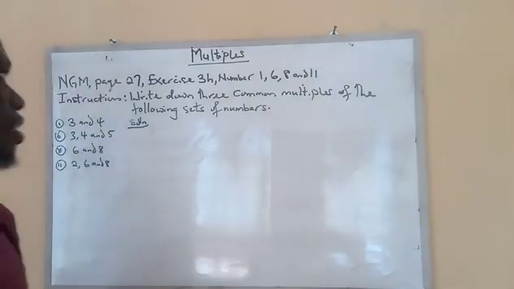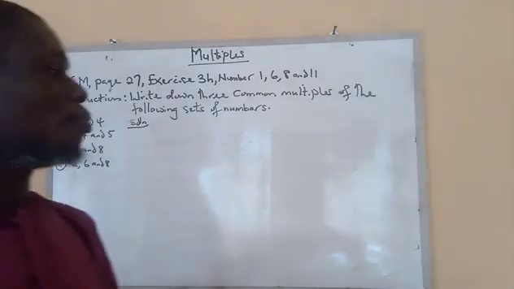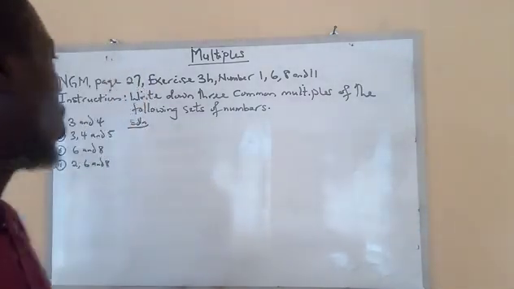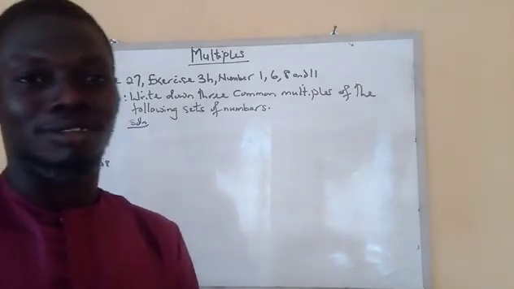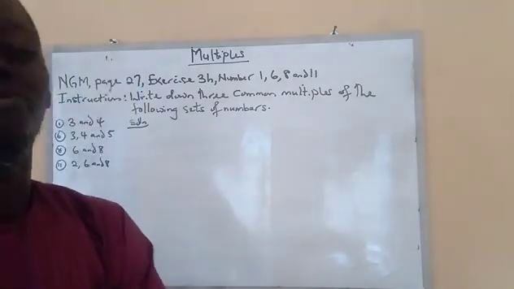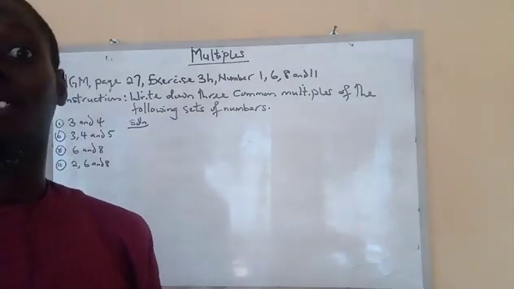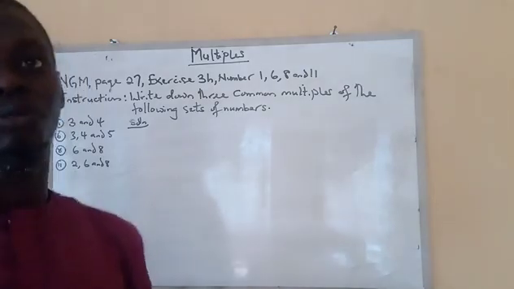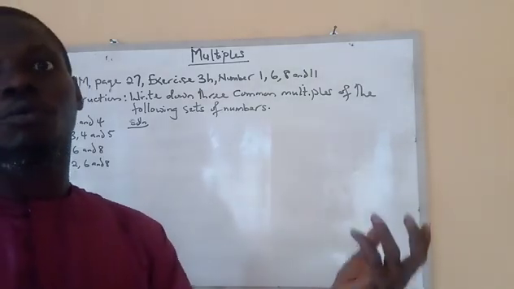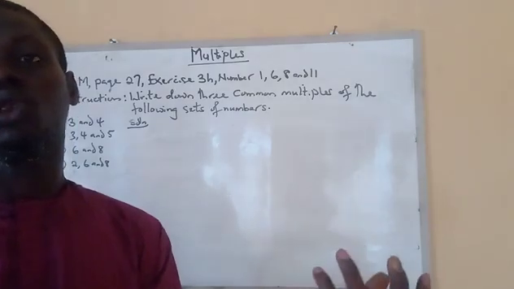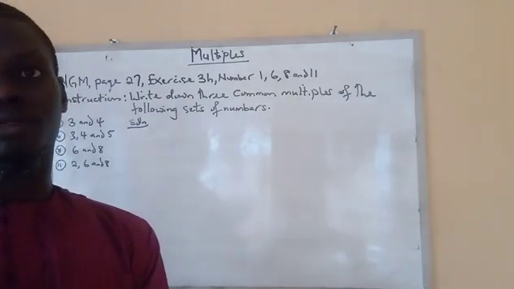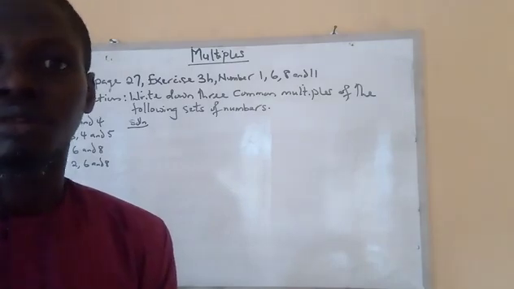The instruction says, write down 3 common multiples of the following set of numbers. What are common multiples? Common multiples are the multiples in common. When you have two or more numbers, you find their multiples.